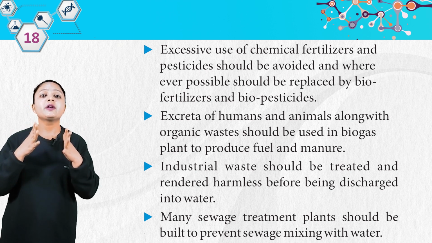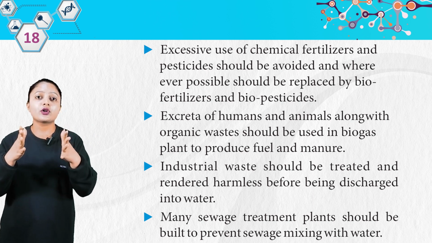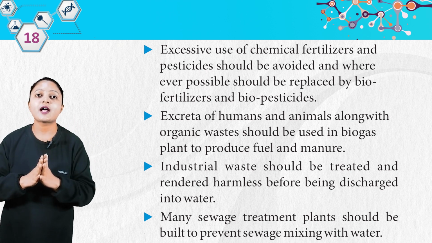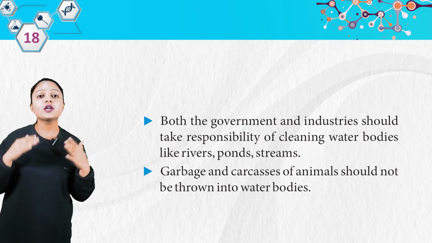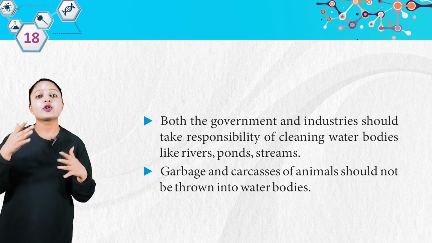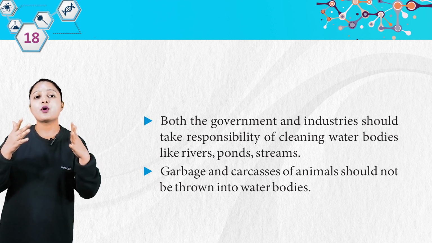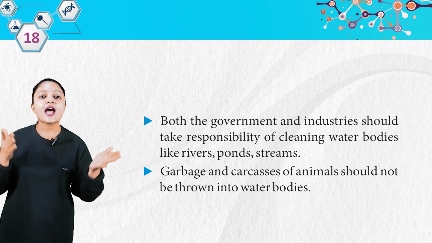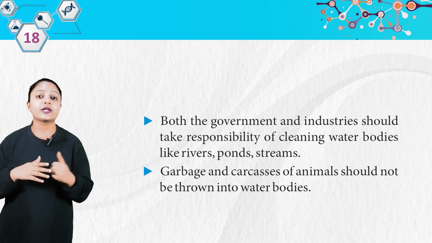Industrial waste should be treated and rendered harmless before being discharged into water. Many sewage treatment plants should be built to prevent sewage mixing with water. Both the government and industries should take responsibility of cleaning water bodies like rivers, ponds, streams. Garbage and carcasses of animals should not be thrown into water bodies.